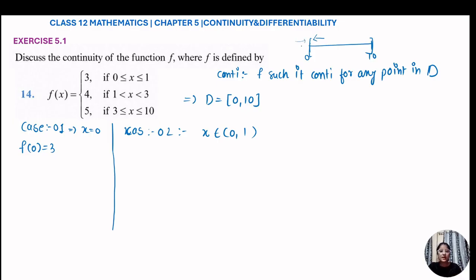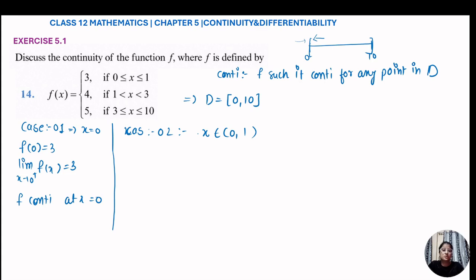So we only have to check the right hand limit to check the continuity. Our right hand limit, x tends to 0 positive of f of x, will also be 3. So from here you can say that f is continuous at x equals to 0.